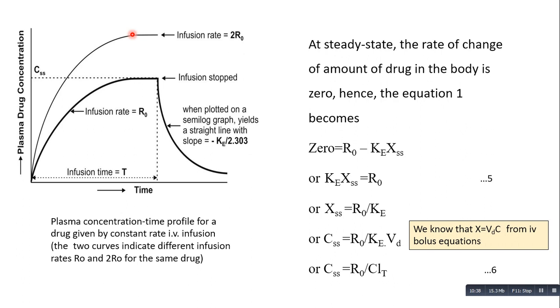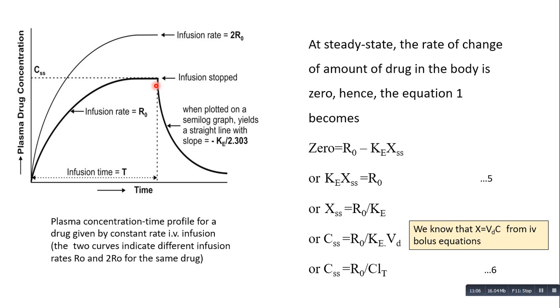Now, say at this point, the infusion was stopped. That means R0, or the rate in, becomes absent. Now consider that the plasma drug concentration present in our body is equal to an IV bolus.